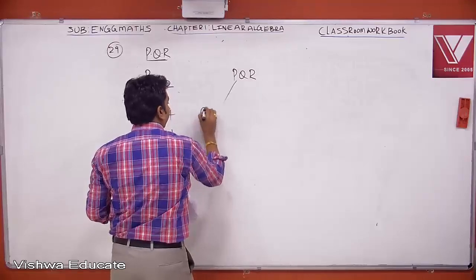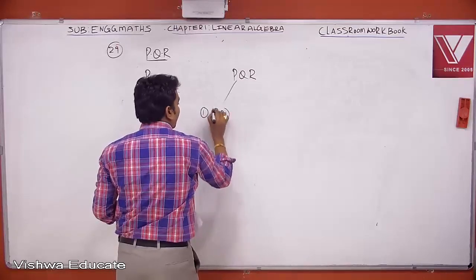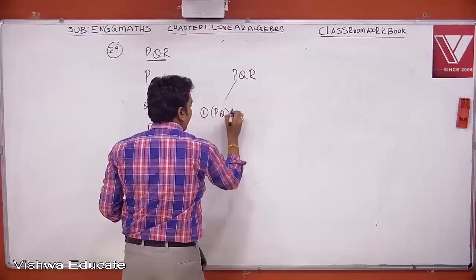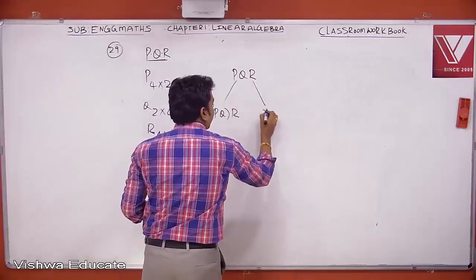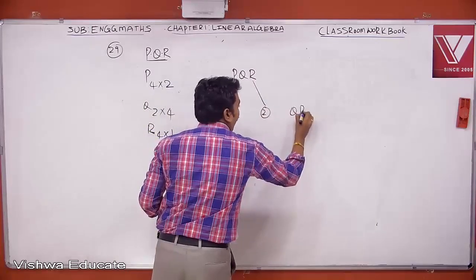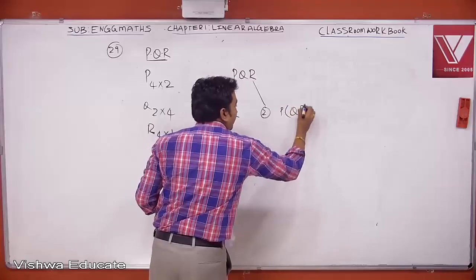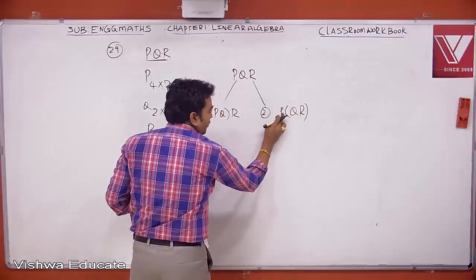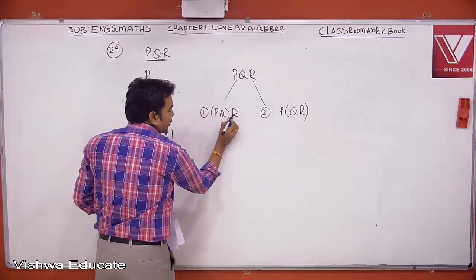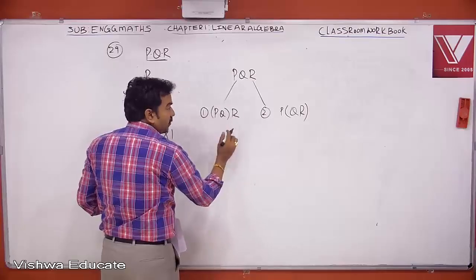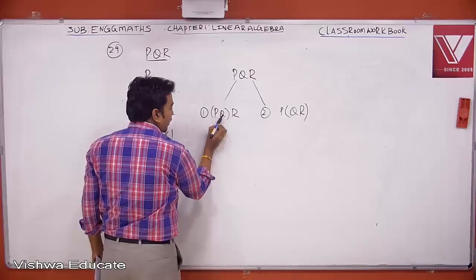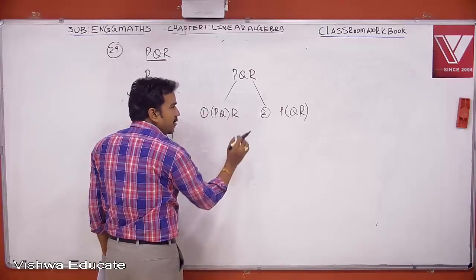One is this way: first you multiply P and Q and multiply this result with R. And the second combination is first you multiply QR and multiply with P in this order. This is a pre-multiplication and this is post-multiplication. So the order is not changing. First P, second Q, third R; the order should not be changed.